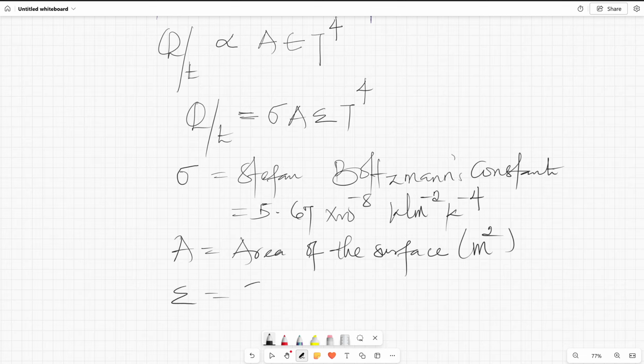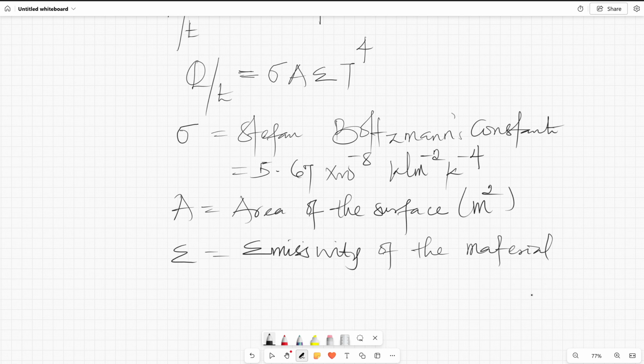This one here is emissivity, and the value of emissivity for a perfectly black body is equal to 1. Emissivity of the material has to do with the measure of how well a body emits and absorbs radiation. T is the temperature. Please note that the temperature is in Kelvin, that's the thermodynamic scale.